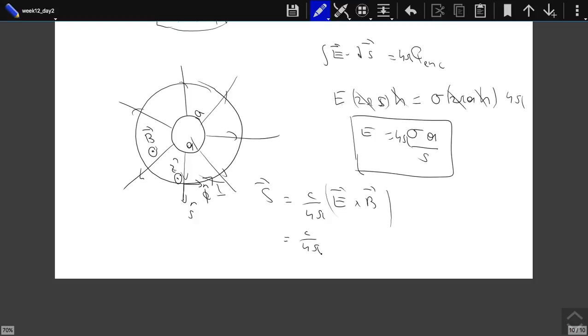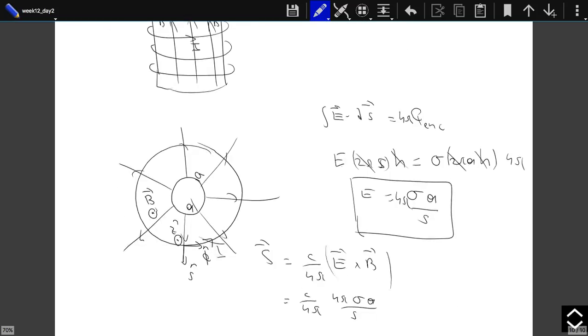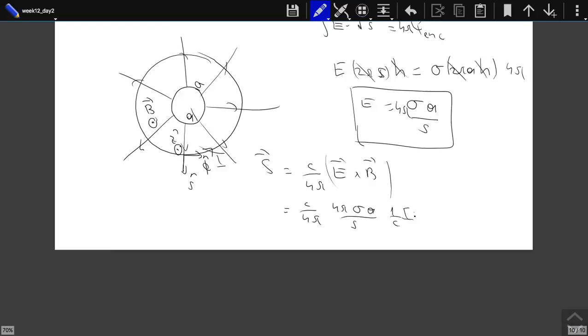It is c over 4 pi. The magnitude of E is 4 pi sigma A over S. B has a magnitude 1 over c I times n. What is the direction of E cross B? E is outside, B is towards you, so minus phi hat. So we get sigma A I n over S in the minus phi hat direction. So the linear momentum is basically circling around the central axis.